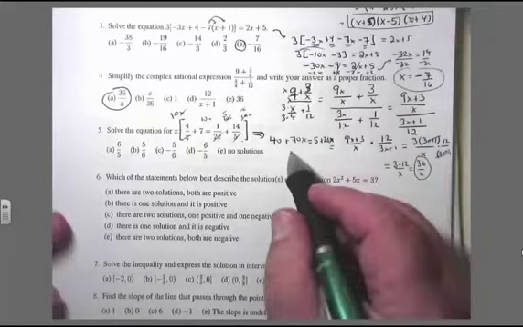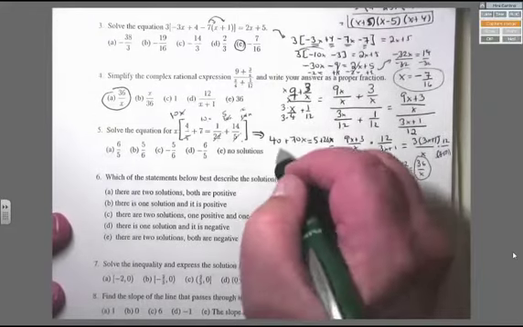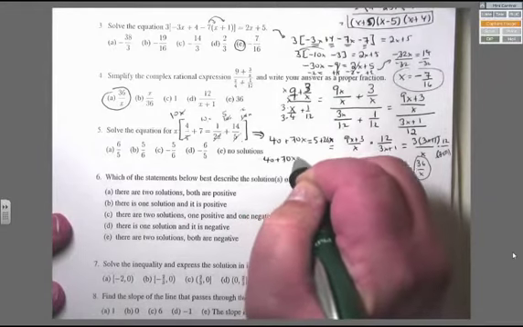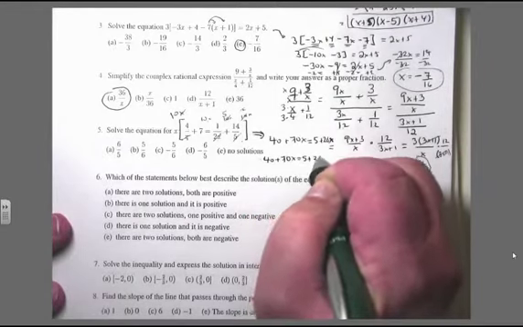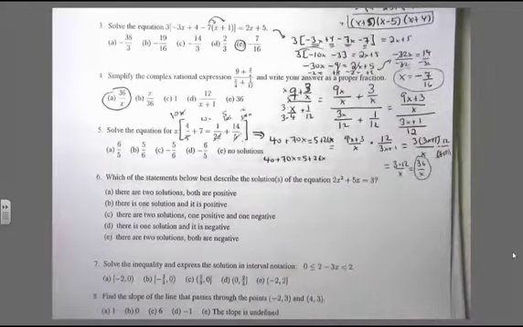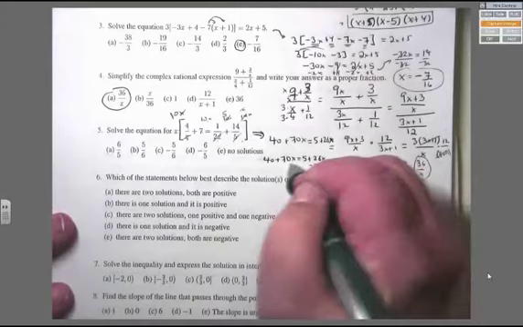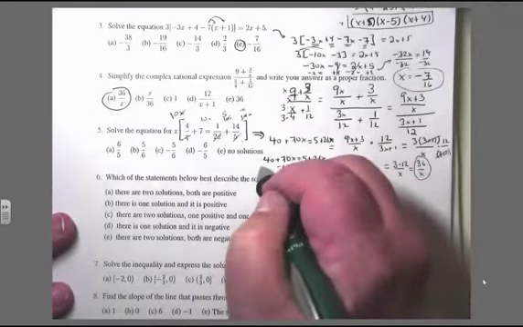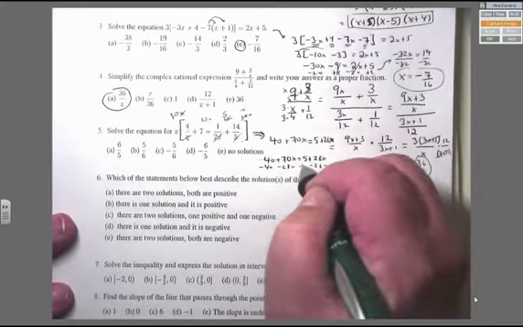So, down here, just cleaning it up, I'm going to rewrite it: 40 plus 70x equals 5 plus 28x. To solve for x, I'm going to get all my x's on one side, so I'm going to subtract 28x from both sides. And at the same time, I'm going to get all my numbers on the other side, so I'm going to subtract 40 from both sides.